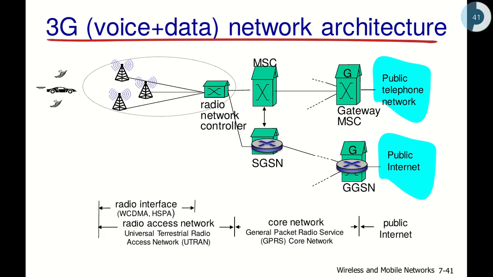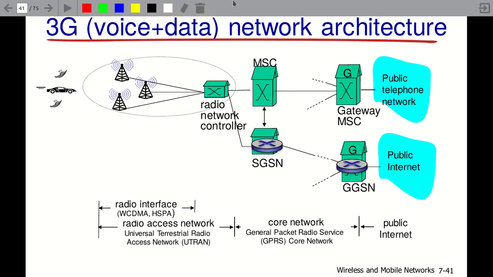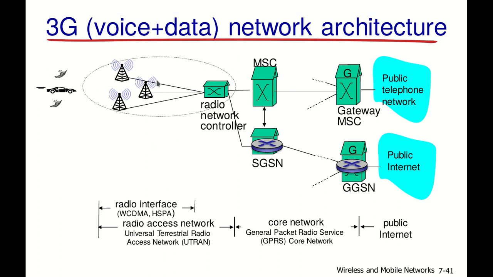Okay, now it's just to differentiate the parts in the topology or network architecture. So we have the radio interface. Mainly this is from the base stations to the user equipment or the mobile users. It is related with the access technology. They are using WCDMA, and this is the first generation of 3G, and then the later generation of 3G uses HSPA.